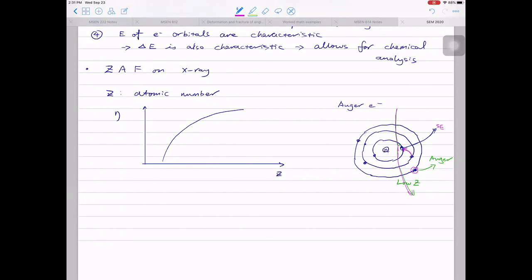That's why we don't get as many counts of X-ray compared to high Z elements. Thank you so much. I realized I forgot one step. The higher level electron has to jump in to fill the hole. Then we have the excess amount of energy. How to spend this excess energy? Instead of getting an X-ray photon out, the energy is used to kick out the outer shell electron as an Auger electron.